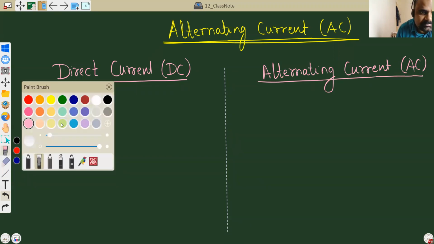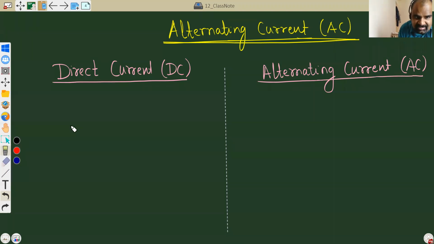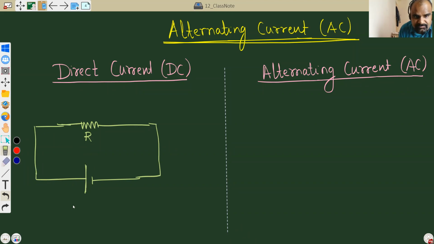Okay. A direct current circuit looks like this, and I'm talking about the simple resistive circuit. So if there is a resistor and there is a DC source, direct current source, which is basically a battery. A battery is called a DC source. Now DC, some people write in the small letter, some people use capital letter.